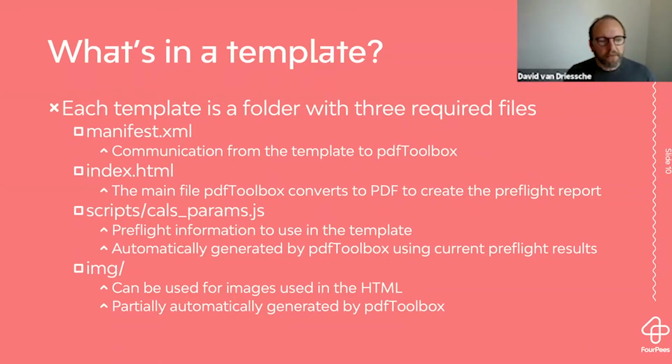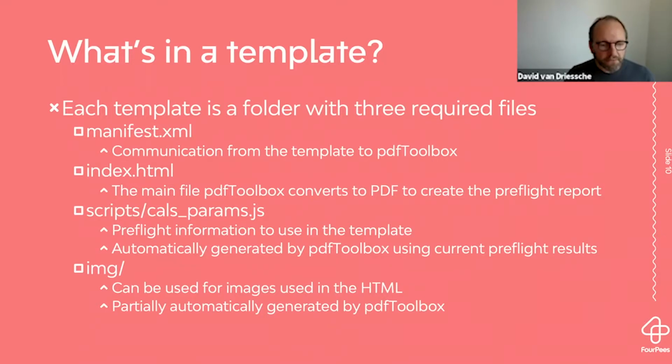Then you have two things that pdfToolbox will generate itself. So you don't provide them. pdfToolbox creates them on the fly each time you do a preflight. The first of that is in a folder called scripts. It will write a file called params.js.